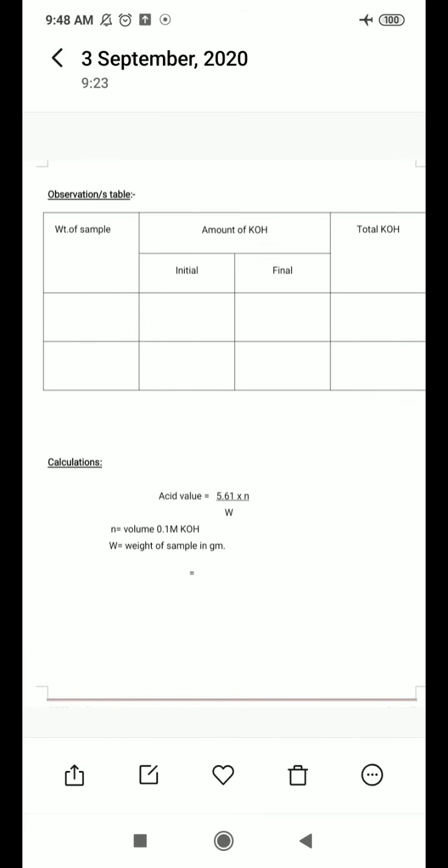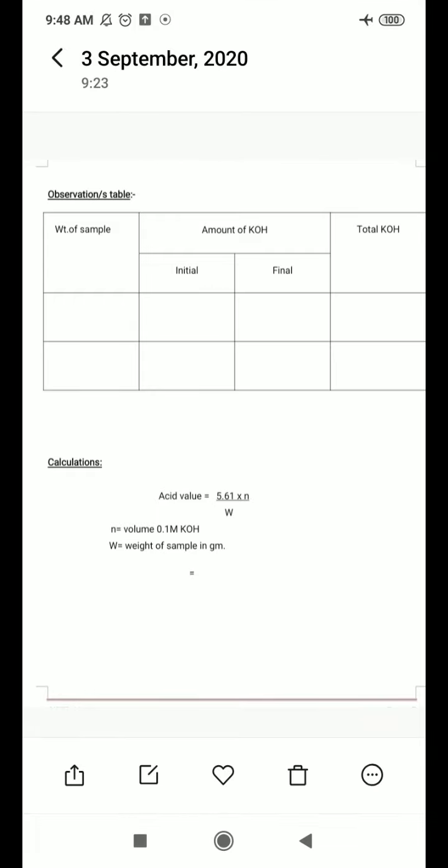Then we will see the observation table. In the observation, the first column is the weight of sample. If you are taking 5 gram, you mention 5 gram; if you are taking 1 gram, you mention 1 gram. Then the amount of KOH, initial and final. Initial means the reading at the time of starting. For example, if there is a 50 ml burette, the initial value is 50 ml. If you get the pink color at the 35 ml point, the final is 35.